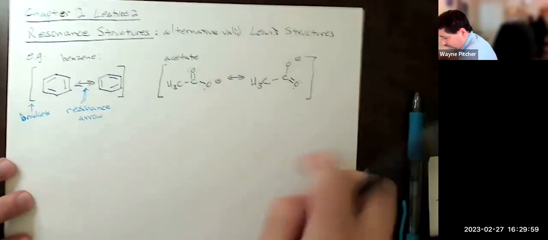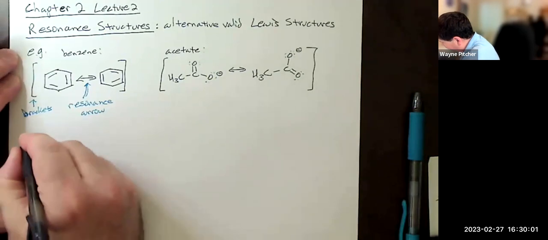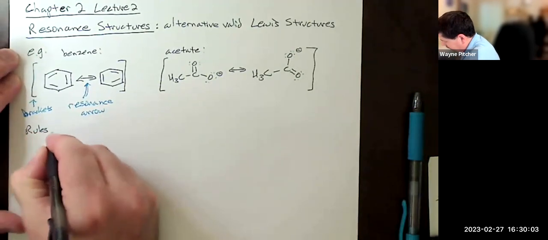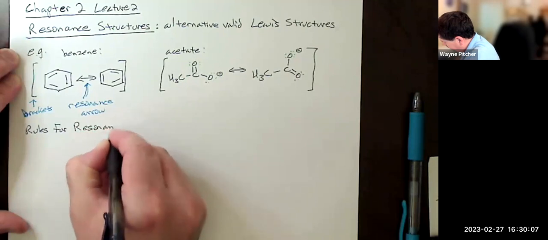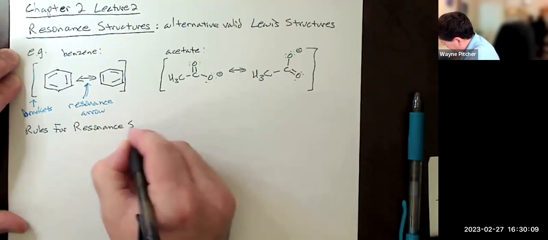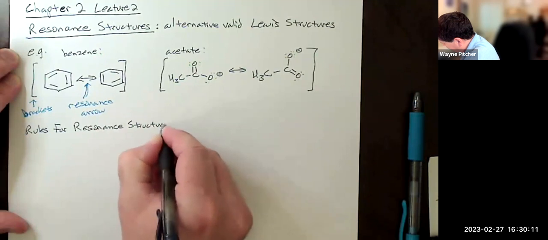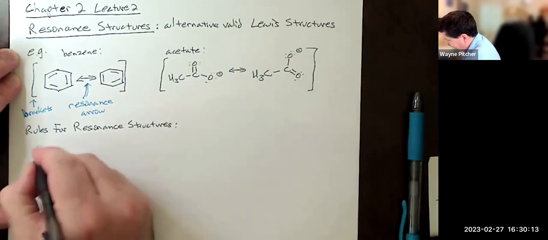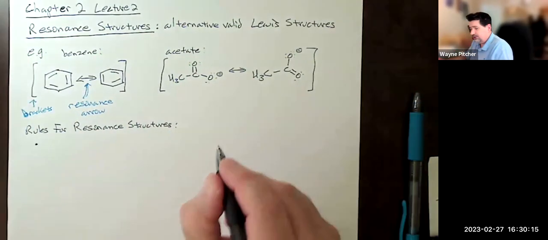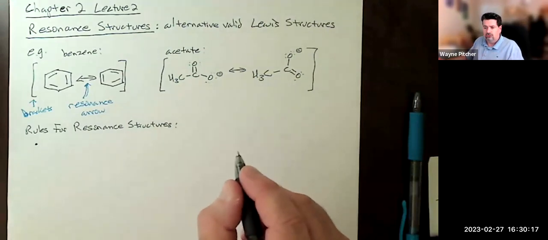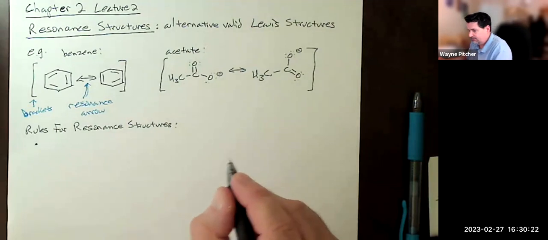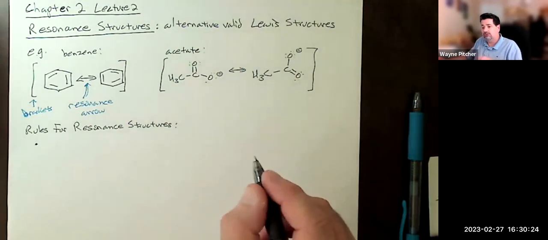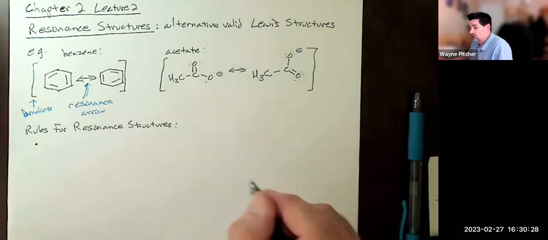Now we have some rules that we need to be aware of. The first thing is that we can only move electrons. We're not allowed to move atoms. And the electrons can only be from multiple bonds or lone pairs.